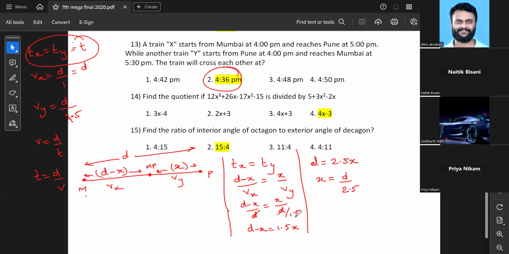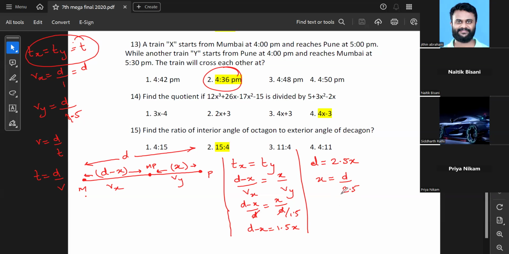D and D get cancelled. 1.5 goes above. That gives you 1.5x. So far, so clear? Yes, sir, understood. Now, that gives you D is equal to 2.5x. That gives you X is equal to D upon 2.5. So far, clear? Yes, sir.